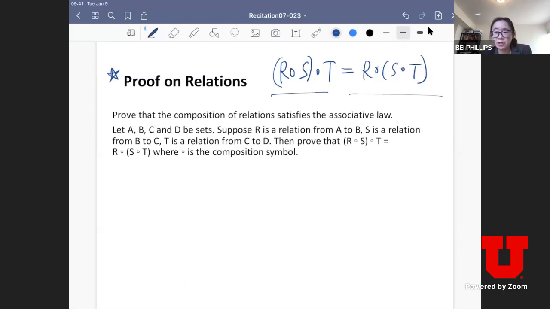So do I have a volunteer to tell me what is a high-level picture of how to prove this? There are two parts to this proof.